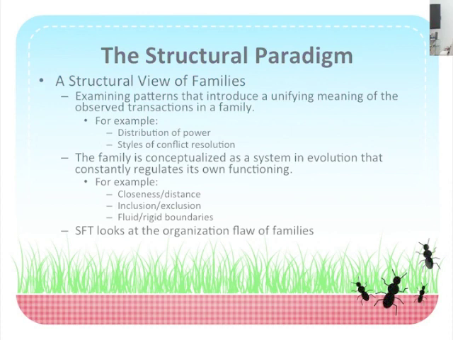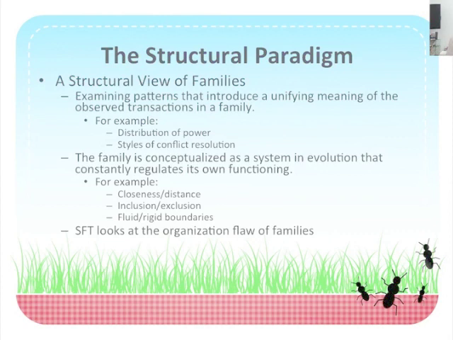He's using the core systems theory concepts, recursion, and others that we've talked about, but he's really looking at the structure. He does this rather than genograms like we talked about last week. He did structural maps. He was mapping out the dynamics within the family. The family is conceptualized as a system in evolution that constantly regulates its own functioning.